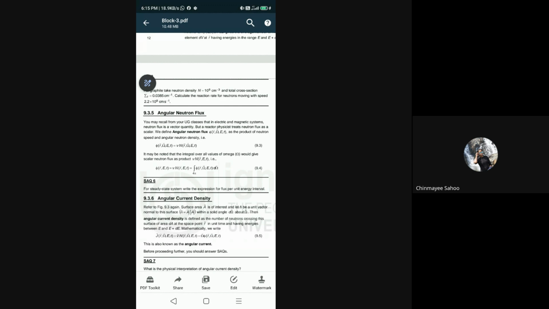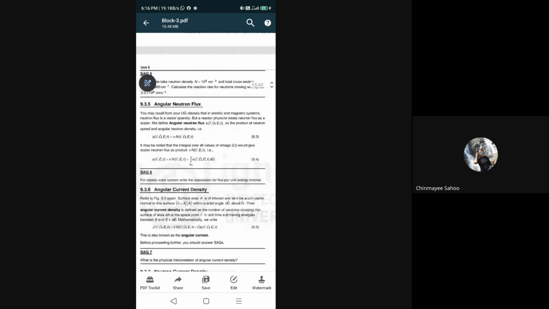So phi can be written as v multiplied by n, where both phi and n are functions of r, omega, E, and t. So when you have phi as a function of r, omega, E, and t, you can write the flux as an integration over 4 pi of phi d omega. Then your angular current density.